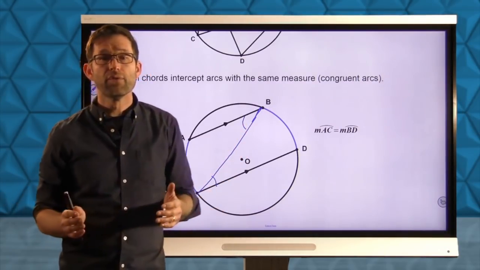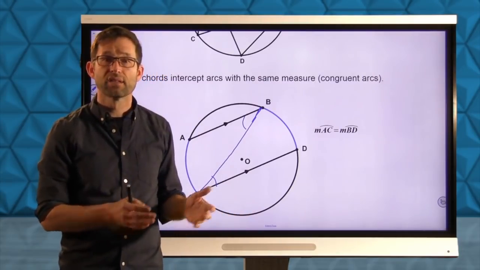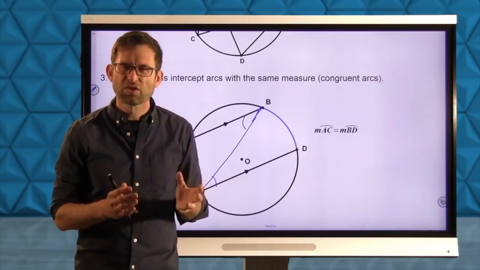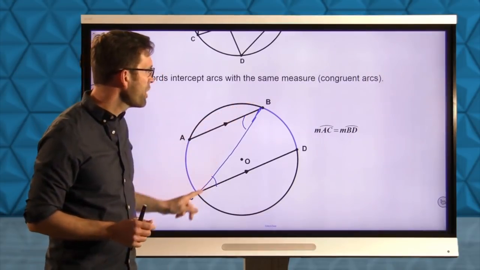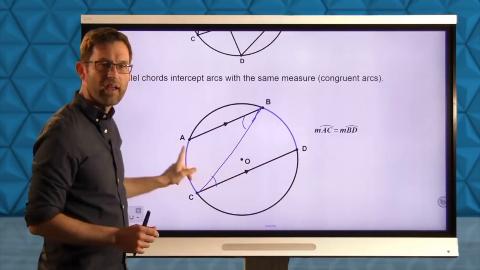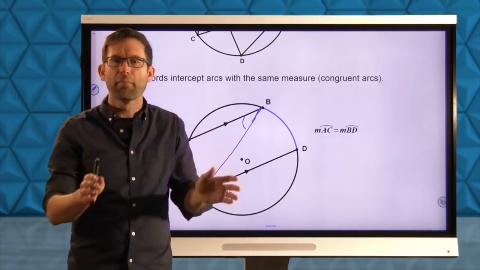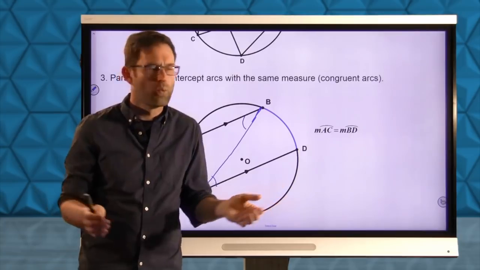So there. Even if you didn't have a chance to do the homework from that lesson, you now hopefully have a sense for it. It also just looks right, right? If I've got these two parallel chords, that arc and this arc look like they should take up the same amount of the circle, if you will.